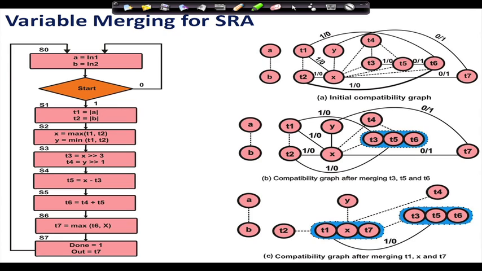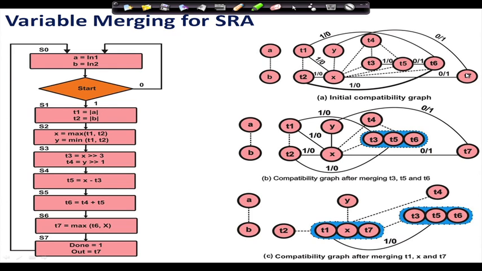Once that is clear, the same thing will apply for functional unit merging and others. So, I have variables A, B, T1, T2, X, Y, T4, T3, T5, T6, T7.